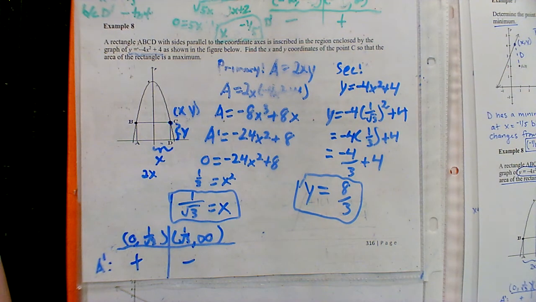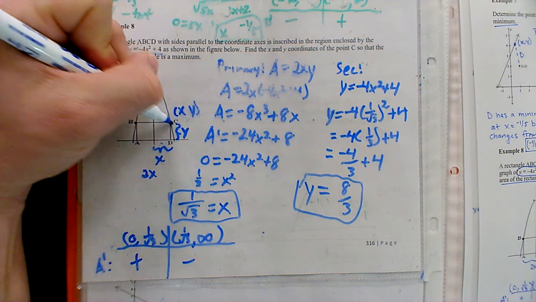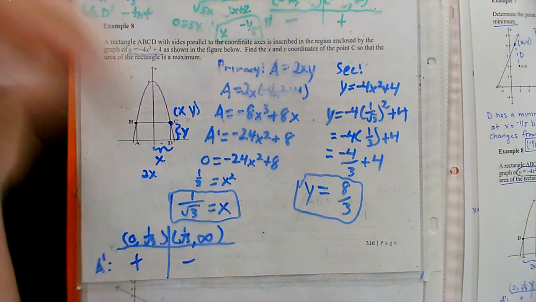Should be able to find your y value. And again, we found the x and y that maximizes it. That's that point C. We just need to state our conclusion.